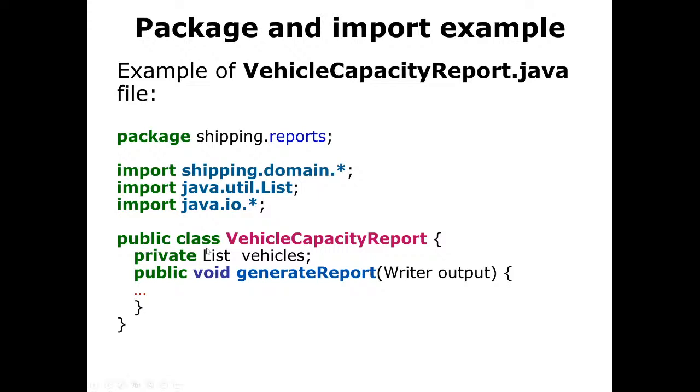And if we have the import, it imports the classes from other packages. Like in this case, if we add the star, it means that it will import all the classes from the corresponding package.